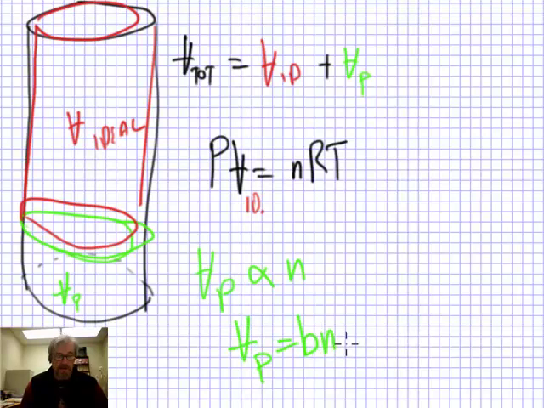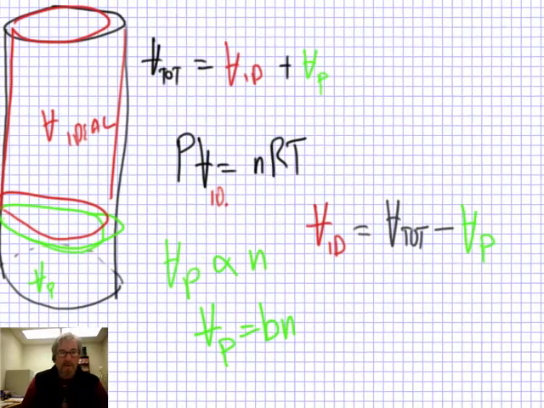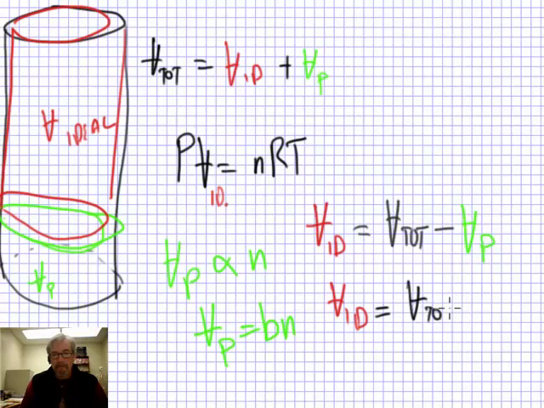And B is actually just kind of the size of a particle. But V ideal is equal to the total V minus the volume of the particles, which means the ideal volume is equal to the total volume minus N times B, which is what we decided to call the volume of the particles.